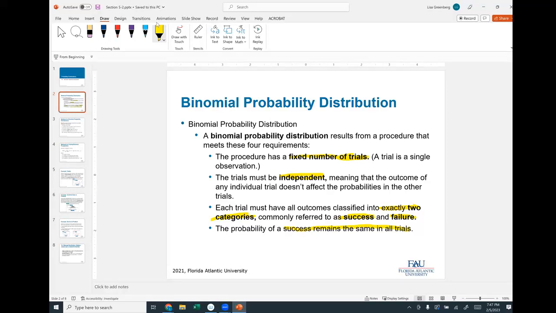Say you want to know the probability of picking, let's say this is a sack, and there's 5 balls.